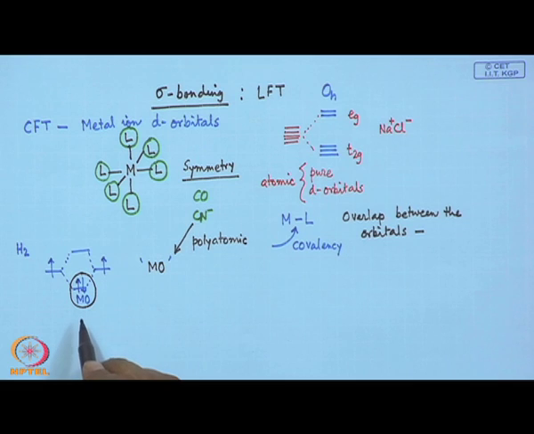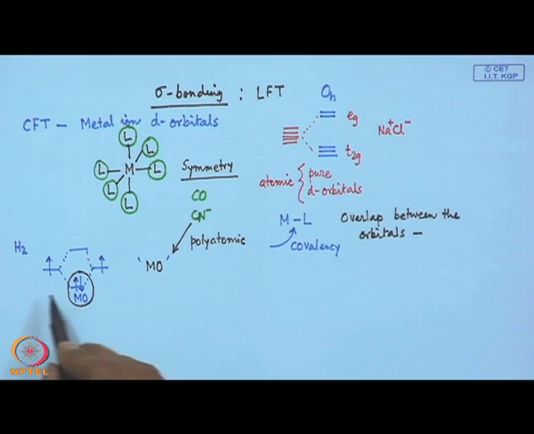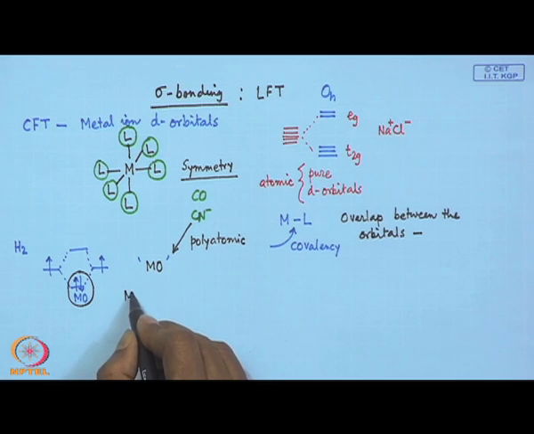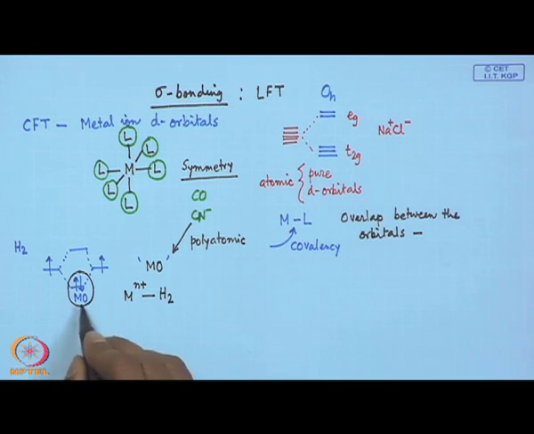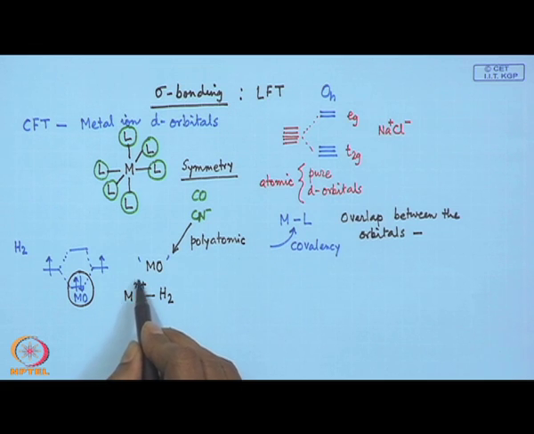So, if this bonding molecular orbital can be utilized for some interaction with the metal ion, say if Mn+ is interacting with the H2 molecule, then what should we consider? We should consider the molecular orbital of the hydrogen molecule and then some combination with the corresponding molecular orbitals on the metal ion.